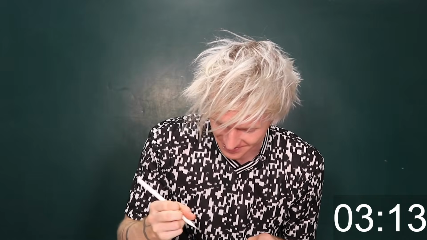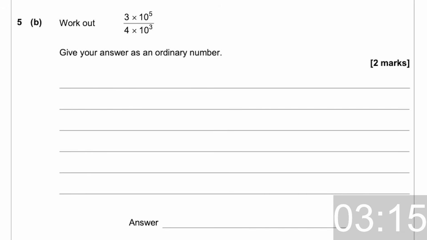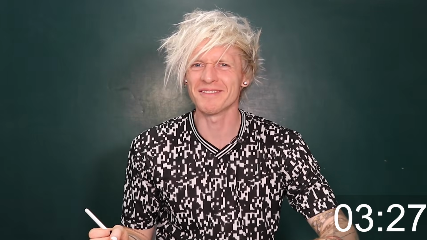Okay. And that was 5a. All right, there's a 5b now. Work out 3 times 10 to the 5 divided by 4 times 10 to the 3. Give your answer as an ordinary number. I think that just means simplify it as a fraction, I assume, seeing as this is non-calculator.